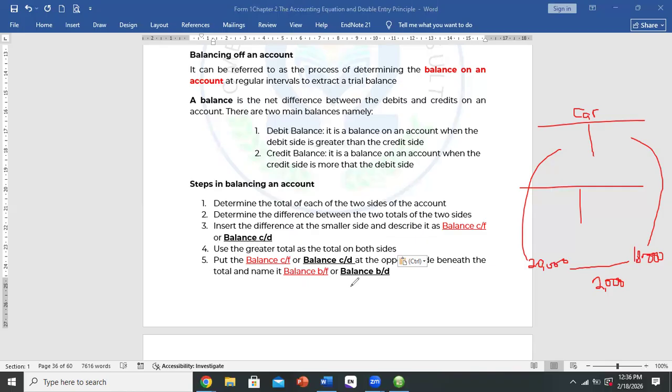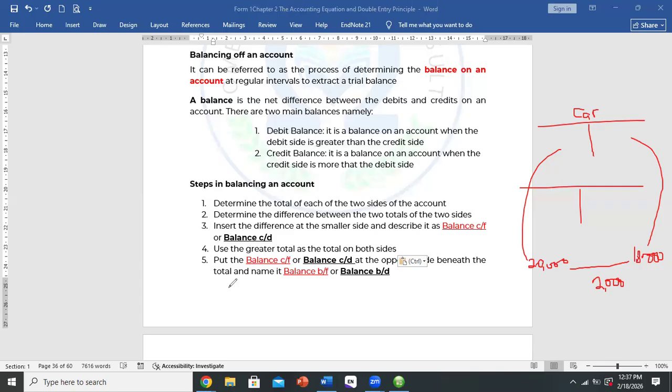What is the next date? It's normally the first, because if the closing date is the 30th, 31st, 28th, or 29th, the next date will definitely be the first. So for example, if your carried down was 31st December, then the brought down will take 1st January. Then you put in the years accordingly. So these are the steps for balancing.